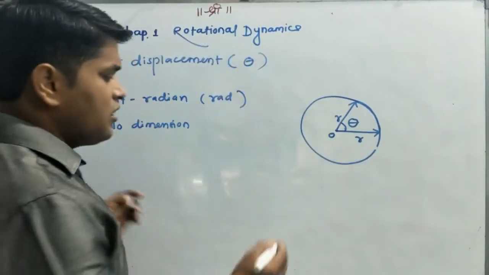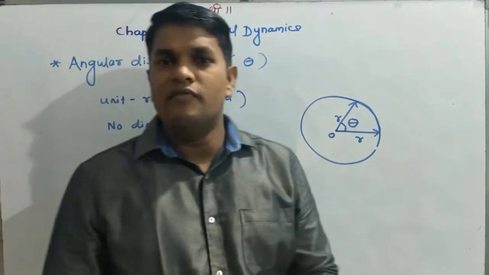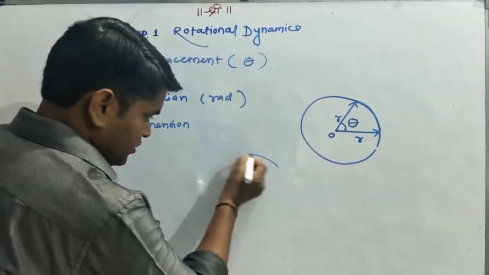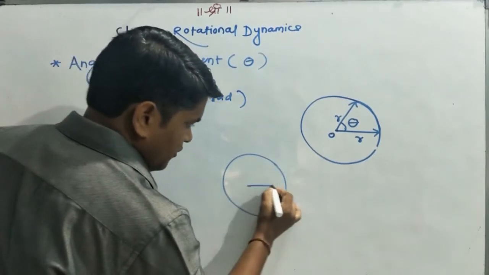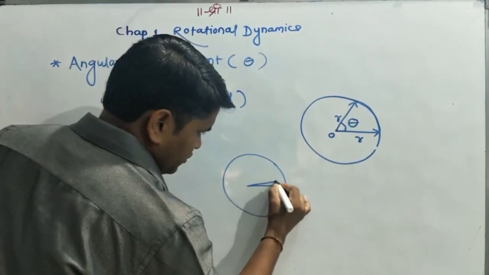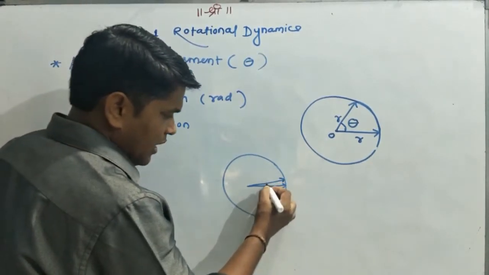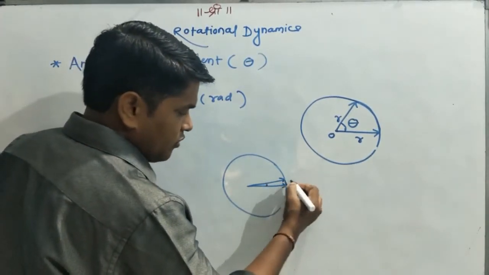But if we consider infinitesimal, means very small angular displacement, for example less than 1 degree or 2 degrees, then this angular displacement is a vector quantity.